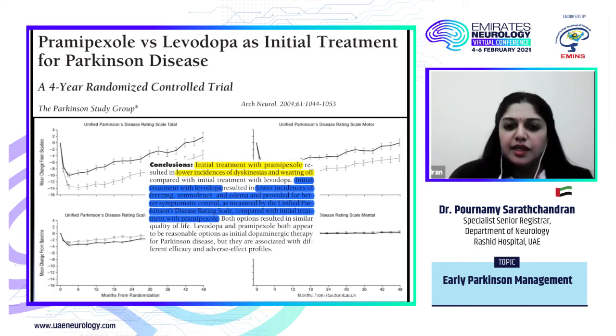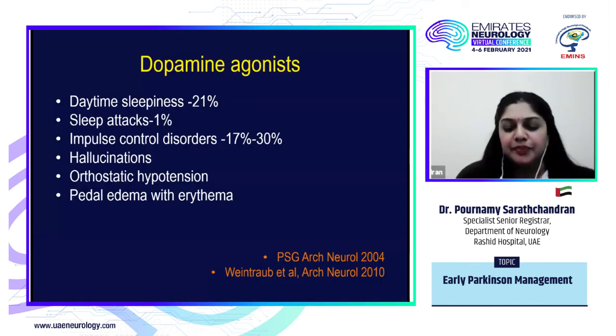So they concluded that initial treatment with Pramipexole resulted in lower incidence of dyskinesias and wearing off. Initial levodopa treatment resulted in lower incidences of freezing, somnolence, edema, etc. So quality of life, when you compare both the dopamine agonists as well as levodopa, the effect is the same.